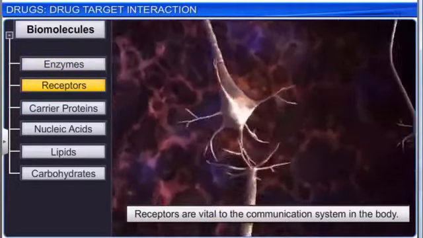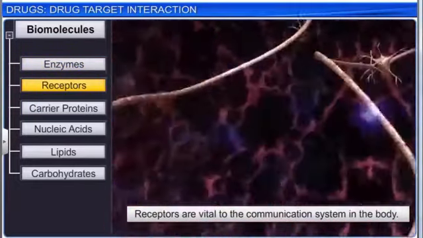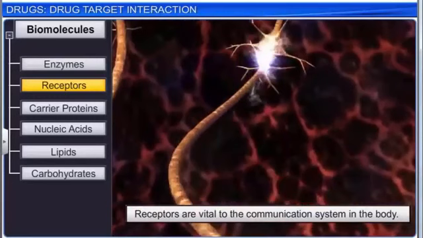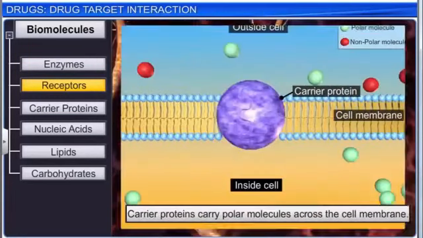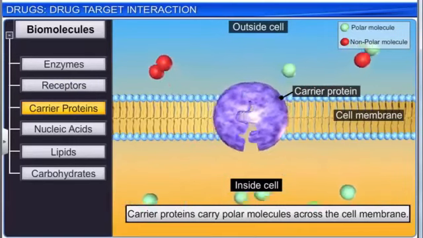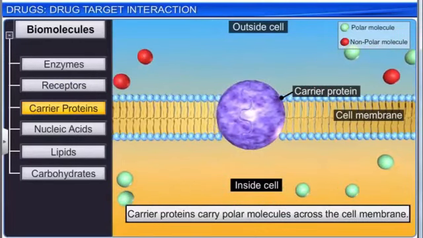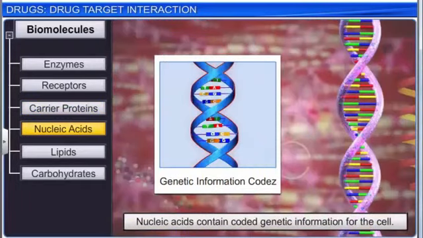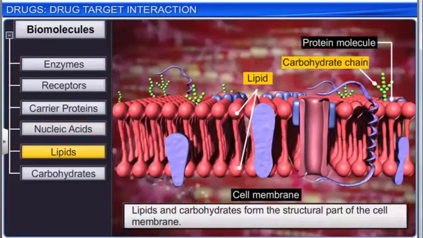Receptors are vital to the communication system in the body. Carrier proteins carry polar molecules across the cell membrane. Nucleic acids contain coded genetic information for the cell. Lipids and carbohydrates form the structural part of the cell membrane.